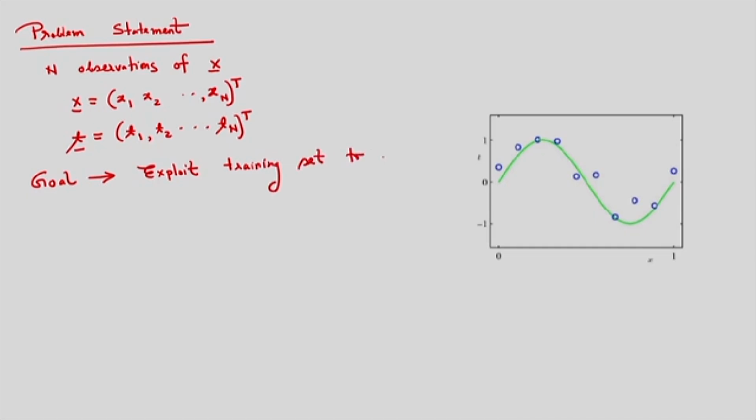I can say t hat, that is the predicted value from the observations of x. This is the goal of this regression.